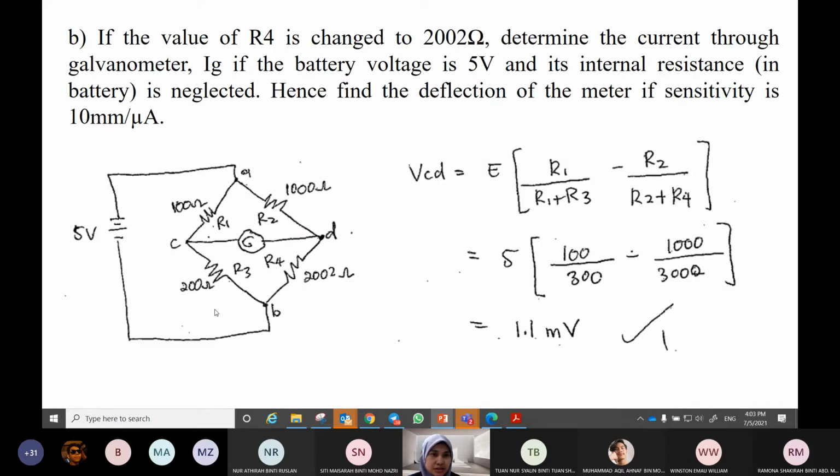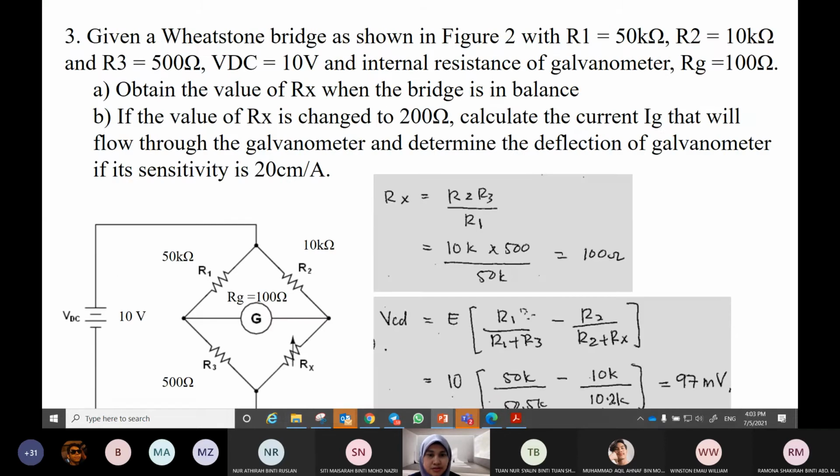Where do C and D come from? So the V at this terminal, we use the concept of the voltage divider principle, okay? So does this use the upper or the lower loop, Sarah?